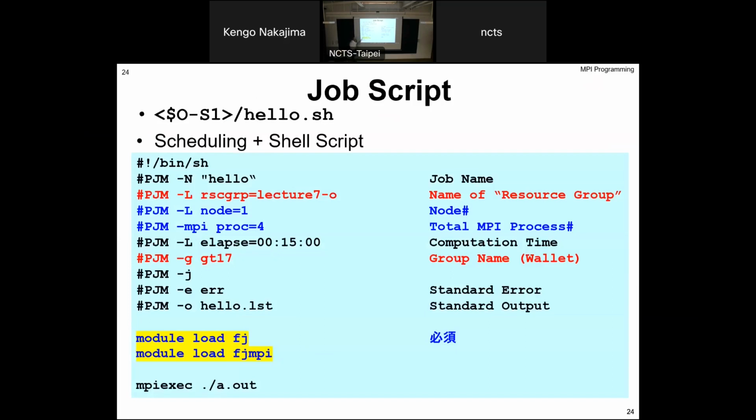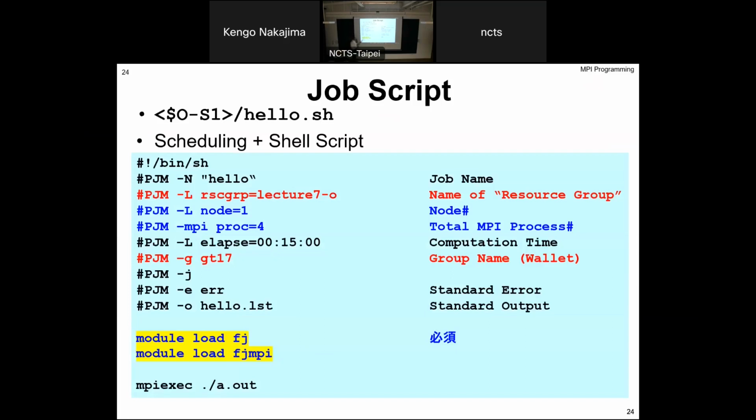The next two lines show the node number and the number of MPI processes. In this case, we are using a single node, and the process number is 4. We have 48 cores on each node, but in this case only 4 cores are used.